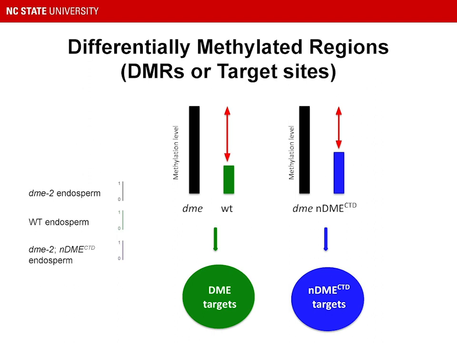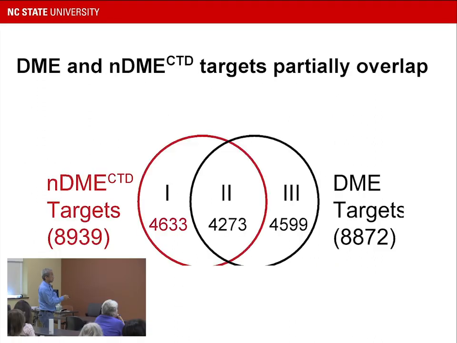We do the same thing comparing the mutant and the mutant that has been complemented by the C-terminal, and we know where they are. We try to compare these two groups of loci to figure out if there are any differences. Well, it turns out they partially overlap. But they target about the same number of loci, roughly 10,000 target sites that we can identify.